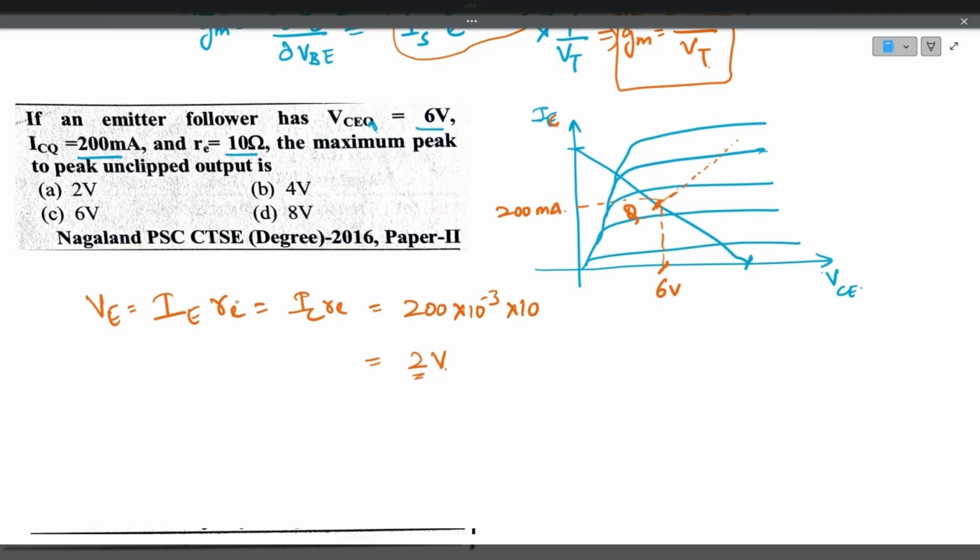He is asking for the peak-to-peak voltage. So the positive peak will be 2 volts, and the negative peak is also 2 volts. So the peak-to-peak voltage will be 2 times ICRE, that is 4 volts. The peak-to-peak value will always be 2 times the Q point value. That is 4 volts. The answer is option B.